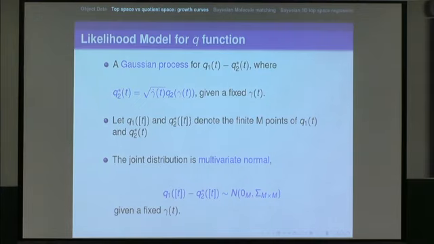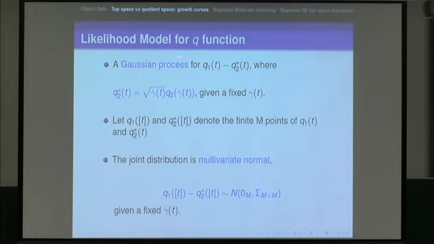I'll just give you the idea. You've got a function, so you can express a model for a function, and the basic model would be a Gaussian process. Basically, any finite collection of points on the functions would have a multivariate normal distribution. That's essentially what a Gaussian process is.